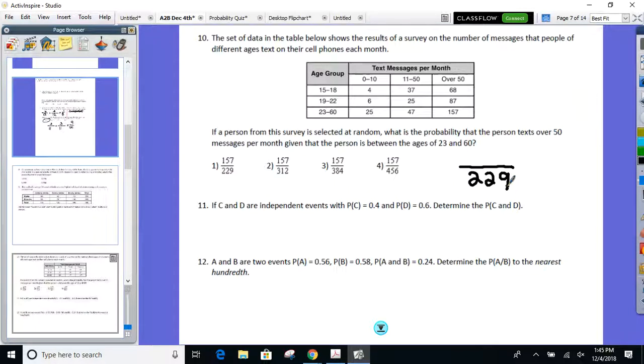How many people are in both there? 157 out of 229. We okay where the 229 came from? Okay. 25, 47, 157.